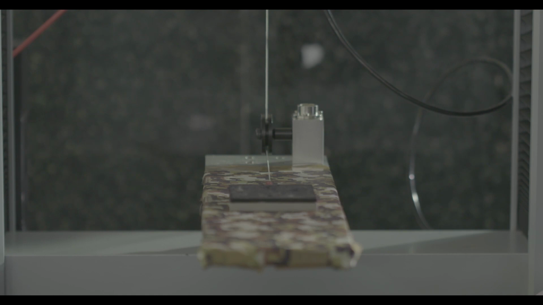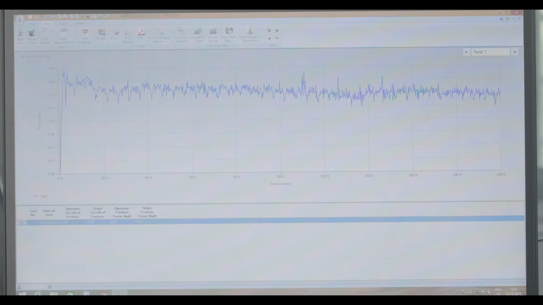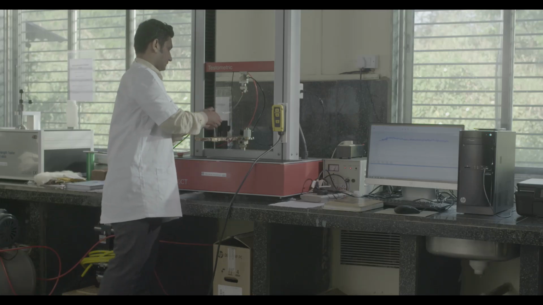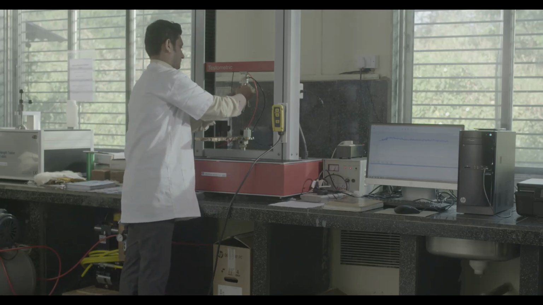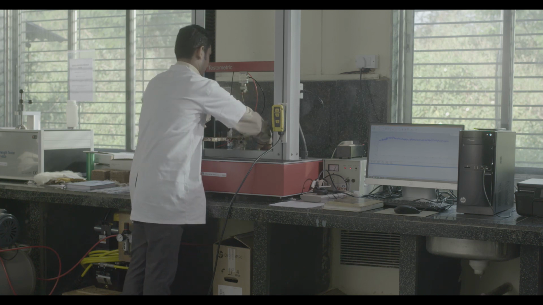On completion of the test, take the readings of static friction force, dynamic friction force, static coefficient of friction, and dynamic coefficient of friction along with the graph from the software. Then remove the tested specimen from the slide and repeat the above procedure for the remaining specimens.